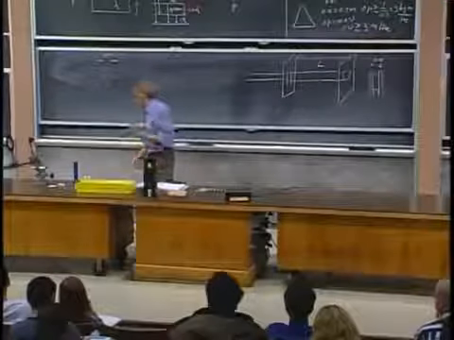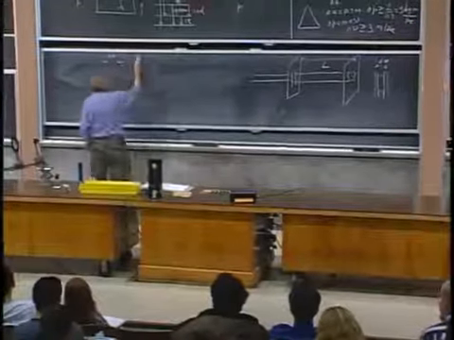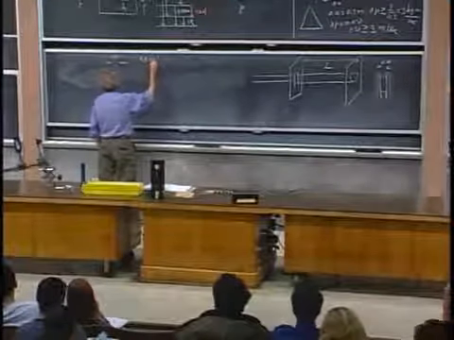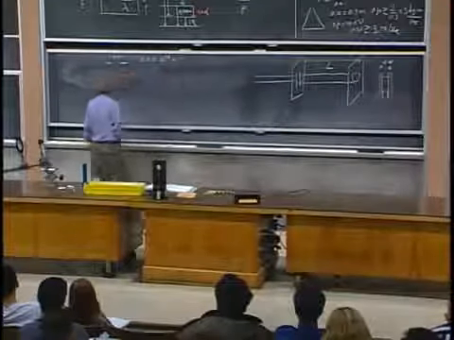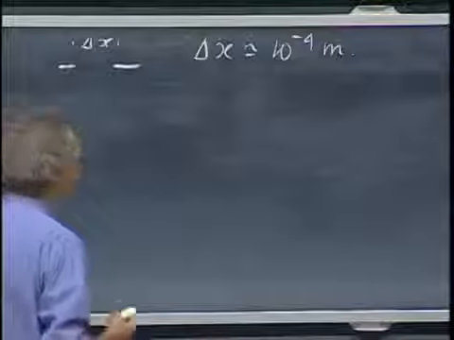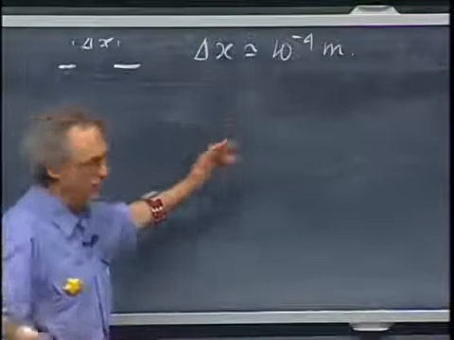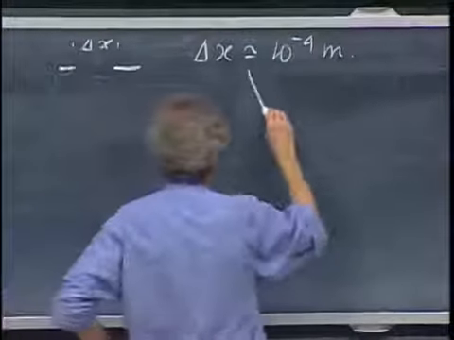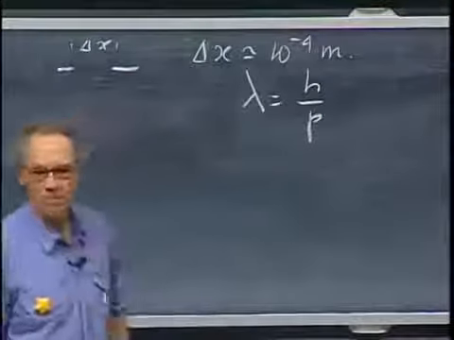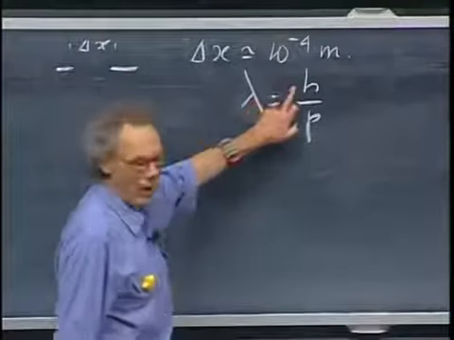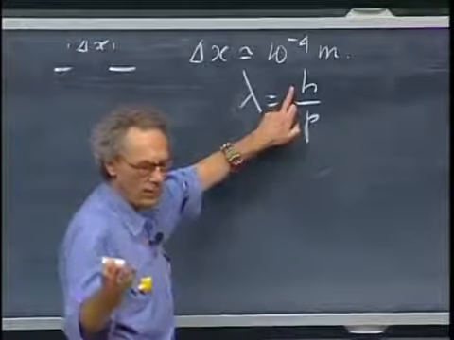And let us start with a delta x of about 1/10 of a millimeter, which is 10 to the minus 4 meters. I have light. I know the wavelengths of the light. And I know that lambda equals h divided by p, according to de Broglie. I know the wavelengths. I know h. And so I can calculate the momentum of that light.